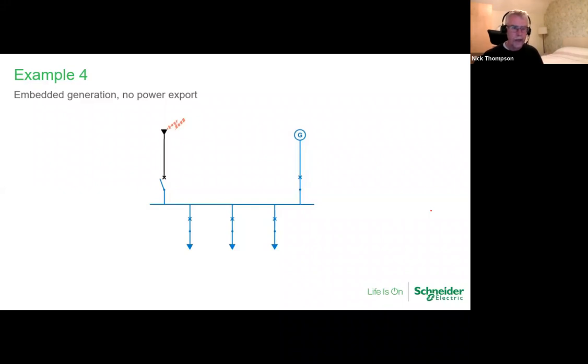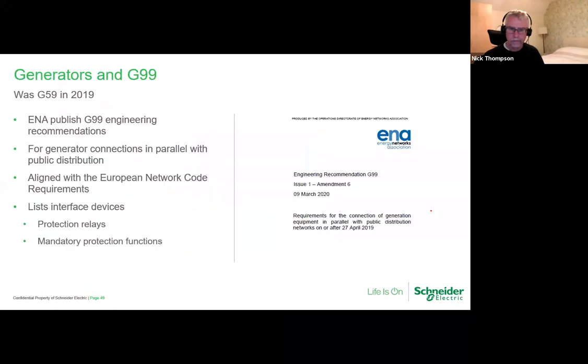Or it may be that if it's got synchronization on it, it would delay the closing until it's in sync with what was the DNO supply, and then we may actually have to employ load shedding techniques on the site too, because the generator may not be man enough to supply the entire site.